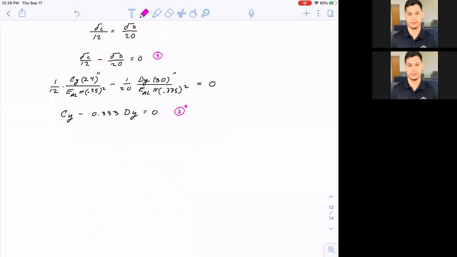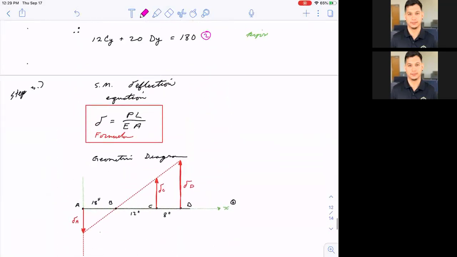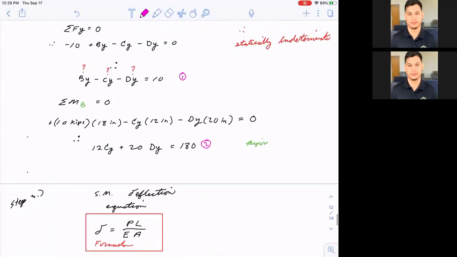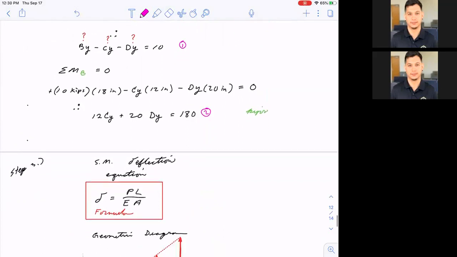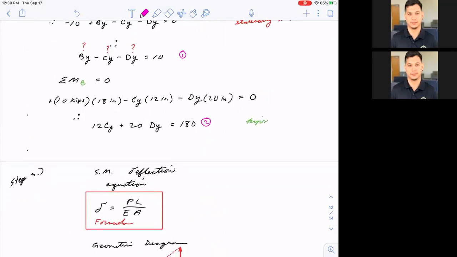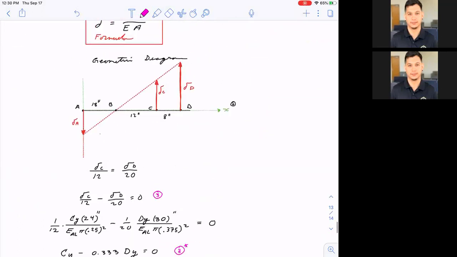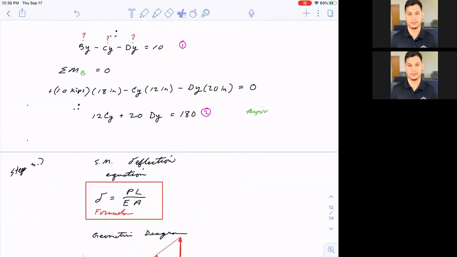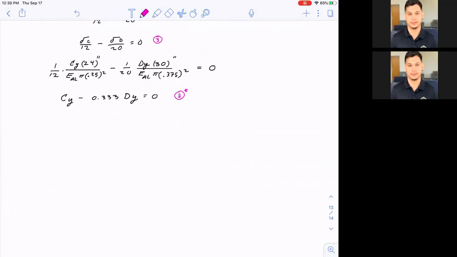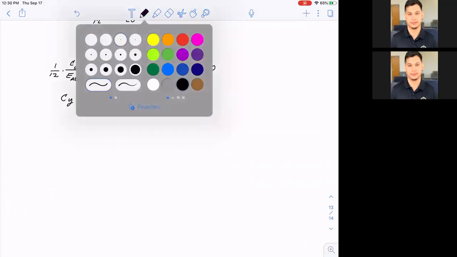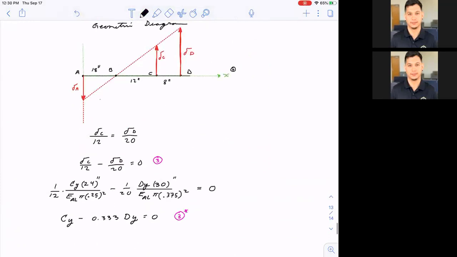Okay. So now let's go check out our other two equations. We have By, Cy, Dy, Cy, Dy, and Cy, Dy. So we'll use these two. We'll copy equation 2. Step 3.